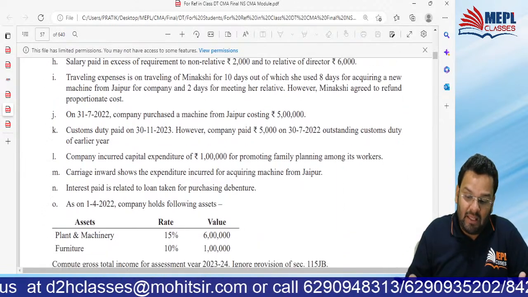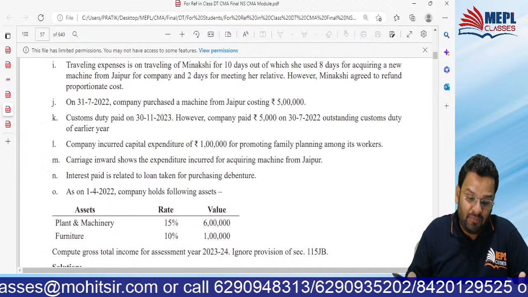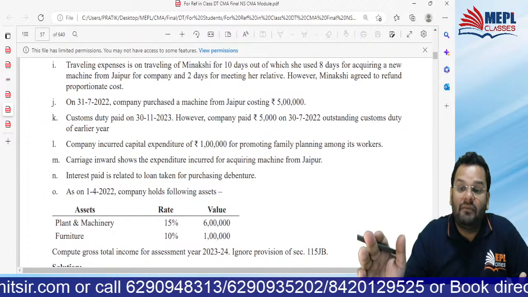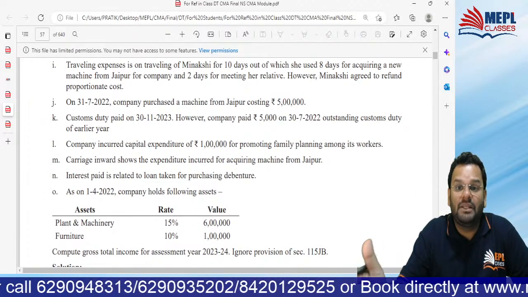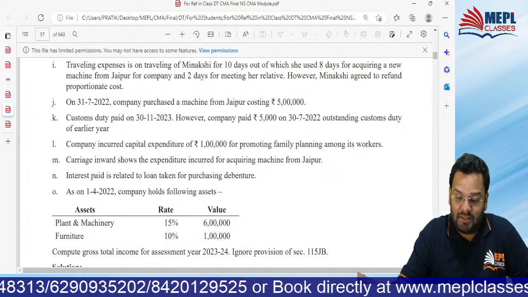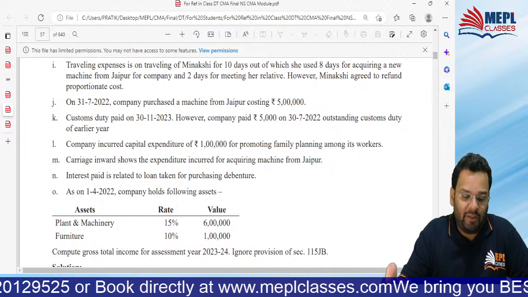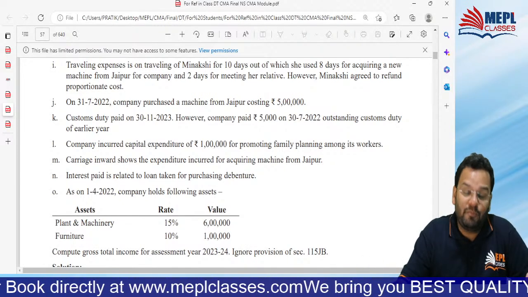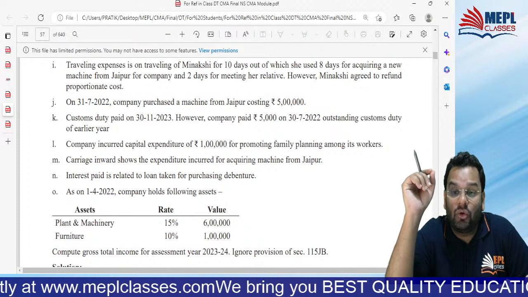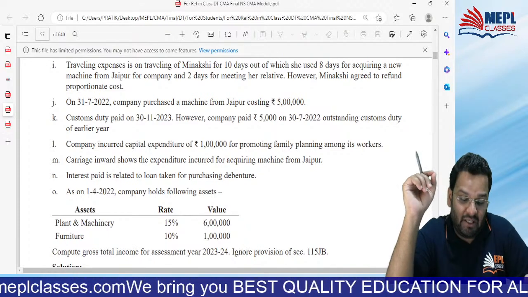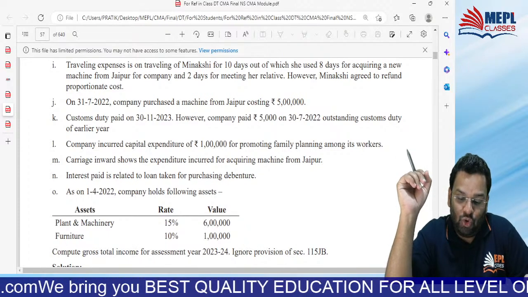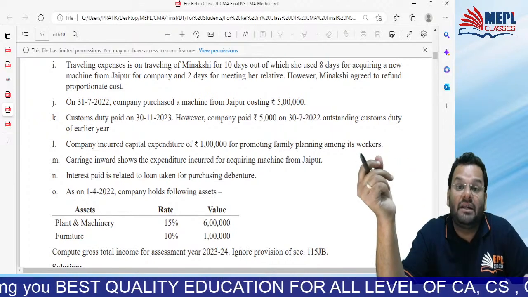Then we had discussed that traveling expenses is on traveling of Meenakshi for 10 days, out of which she used 8 days for acquiring new machine from Jaipur. So this totally is your capex, capital expenditure, and 2 days for meeting her relative.